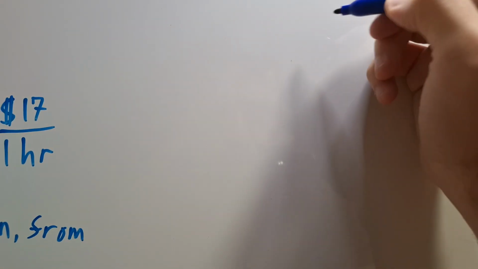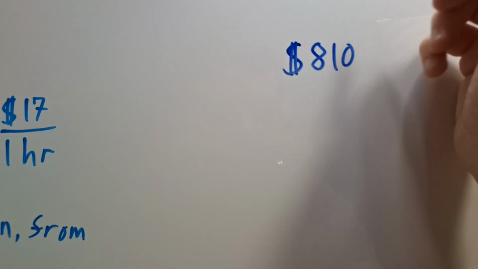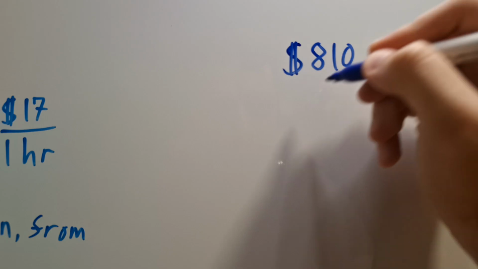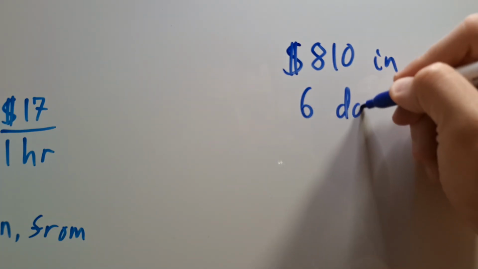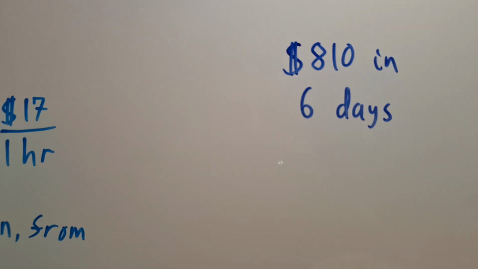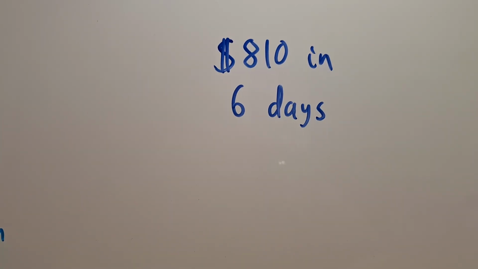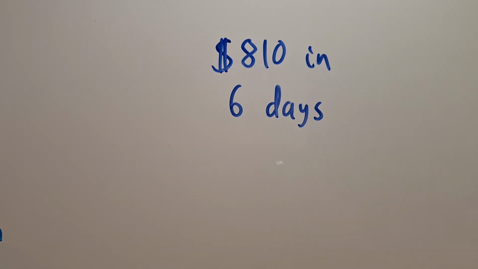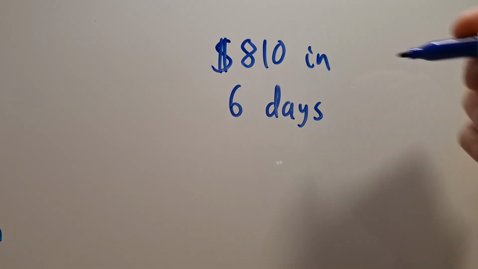Suppose I'll do another money example. $810 in 6 days. If I was told, find the unit rate, it means you want to have a denominator of 1.